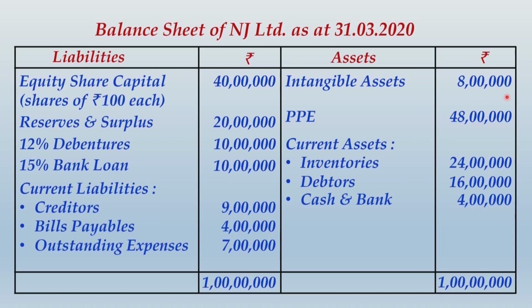But friends, here you have to exercise caution. By chance, if this amount is any amount other than 8 lakhs, then there is a possibility that either we have added new intangible assets in our business, or if the amount is reducing, it will be an implication that some intangible assets might be either written off or disposed of.